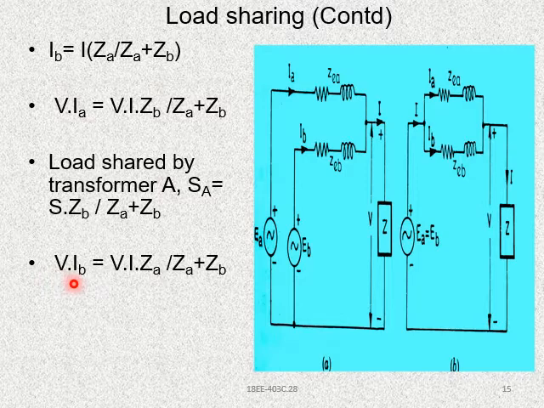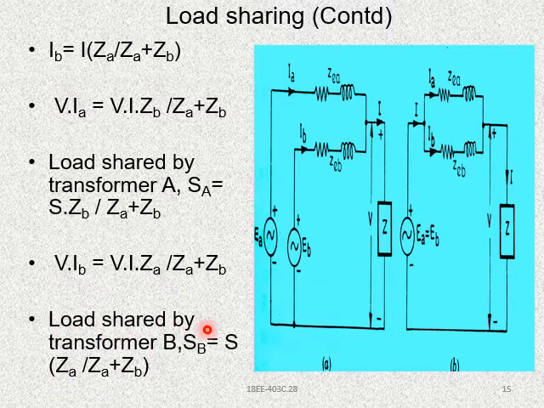And similarly, V into IB is equal to V into the value of IB, which is I into ZA by ZA plus ZB. And then the load shared by transformer B, that is SB, is equal to total S into ZA by ZA plus ZB. So these are the important formulas to be noted so as to solve the problems.